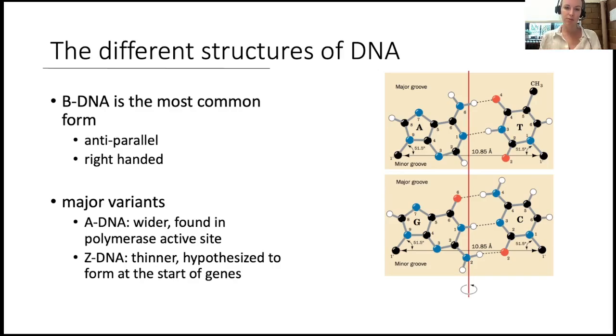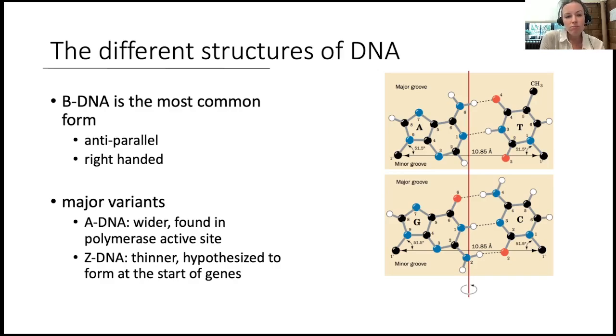Let's dive a little bit deeper into the structure of DNA. So there are 3 possible forms of DNA. B-DNA is the most common form found inside of cells. It has that anti-parallel arrangement that we discussed, and it is right-handed. There are 2 other major variants that we're not going to focus on too much outside of a few points here.